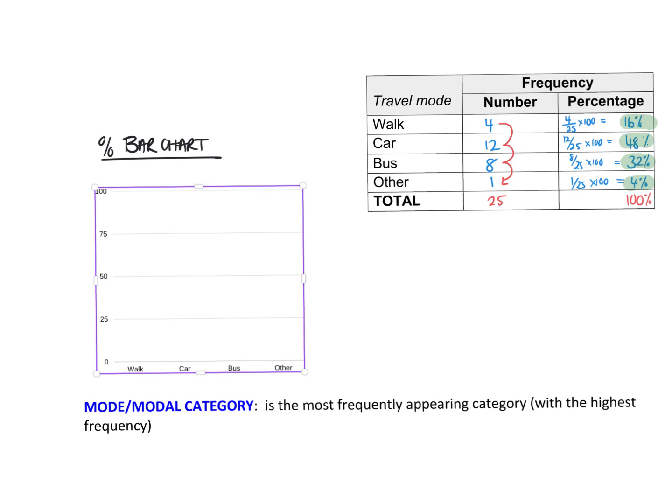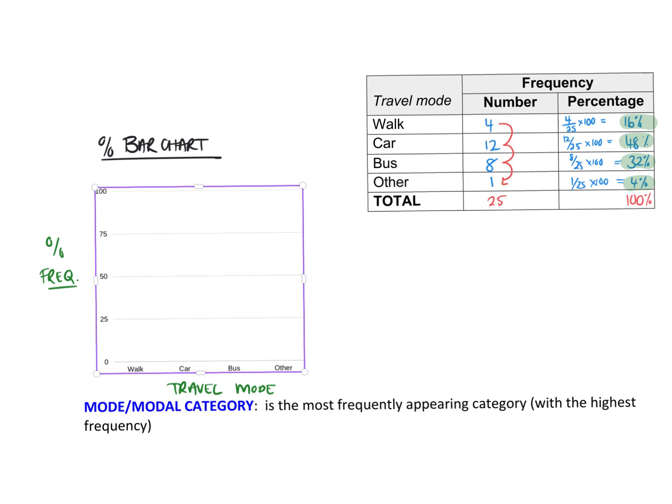So we're going to label this percentage frequency, just abbreviating frequency. We still pop in travel mode down here. And instead of doing the count, we'll do the percentage.